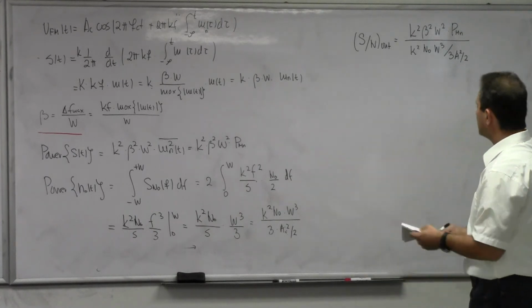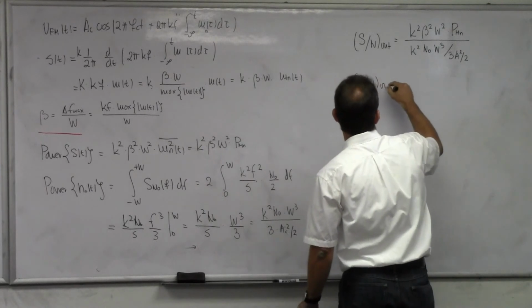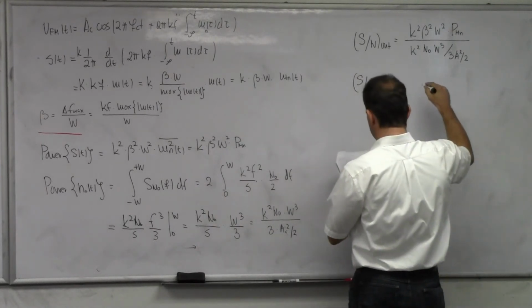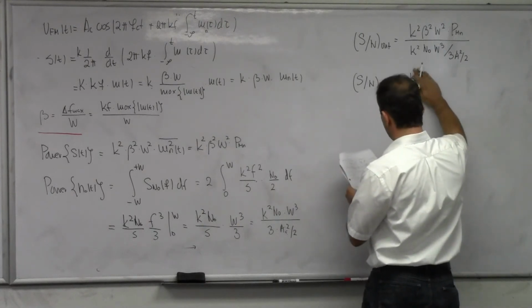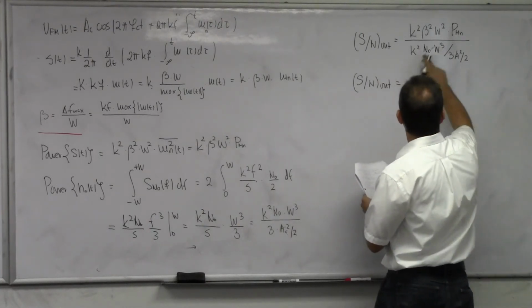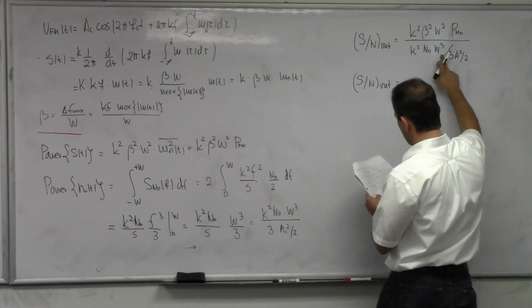So you end up with a signal to noise ratio at the output as being, let's see here, k squared, k goes away, right? So k and k cancels. This W squared and W cubed cancels, so I'm left with a W downstairs.